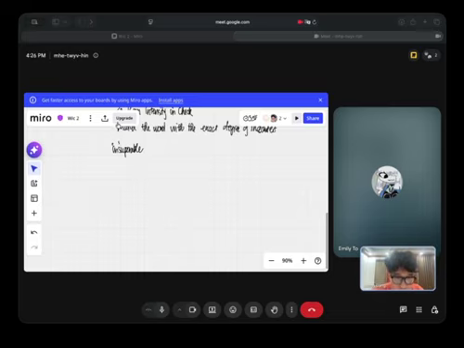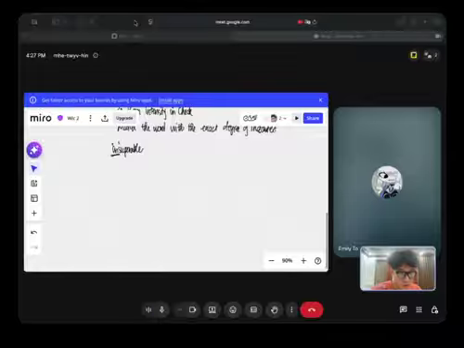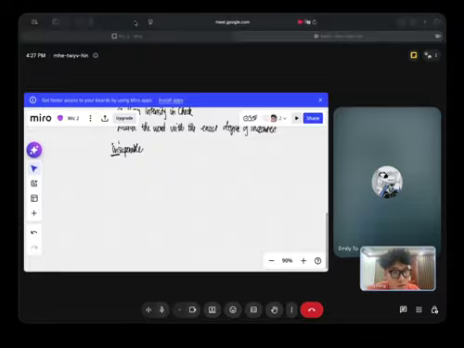In is the prefix and able is the root, right? So we can guess its meaning based on the prefix or the roots. In means not, right? And able means able to.